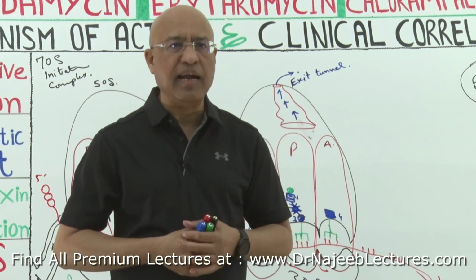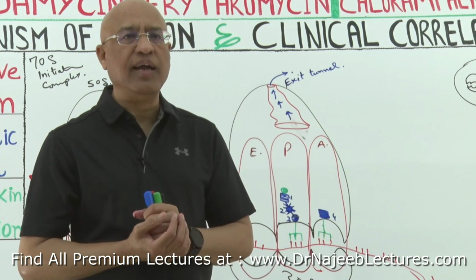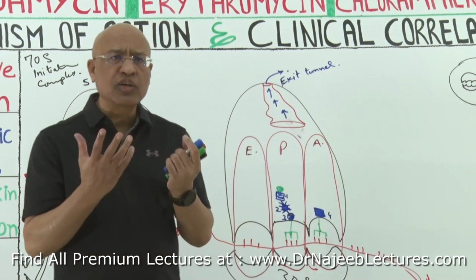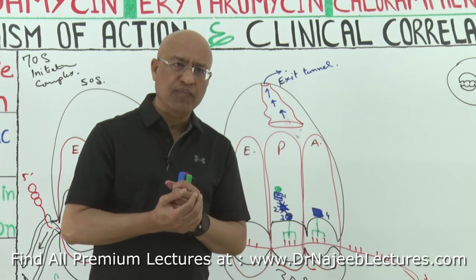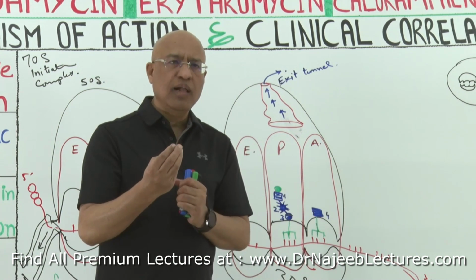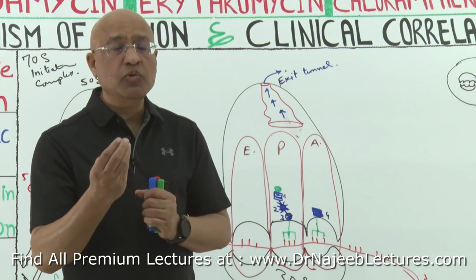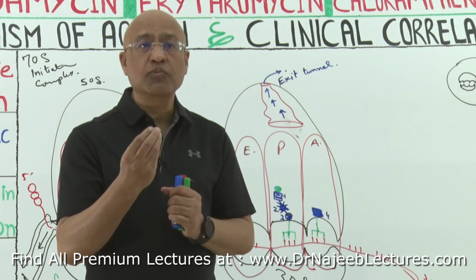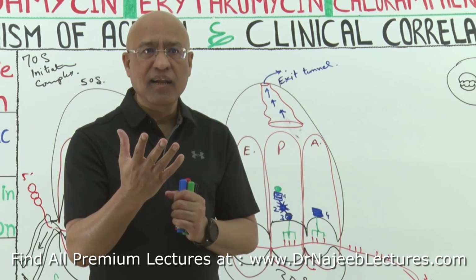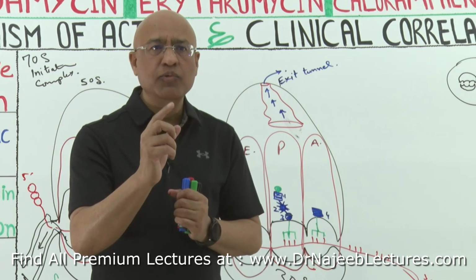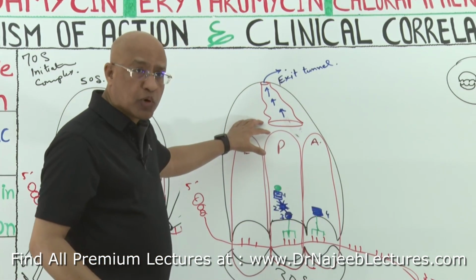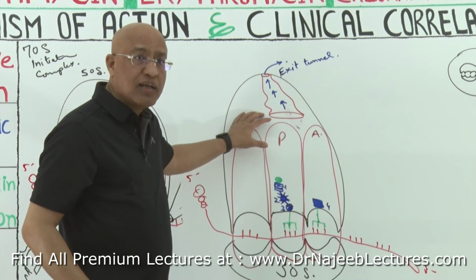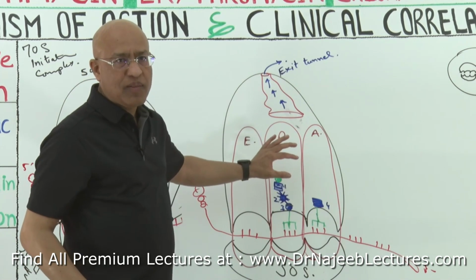To understand that, first of all, we should understand what the structural and functional components of the 50S unit are. Actually, the 50S unit is made of special RNA which is called ribosomal RNA. With that, it has some special proteins also which are called ribosomal proteins.